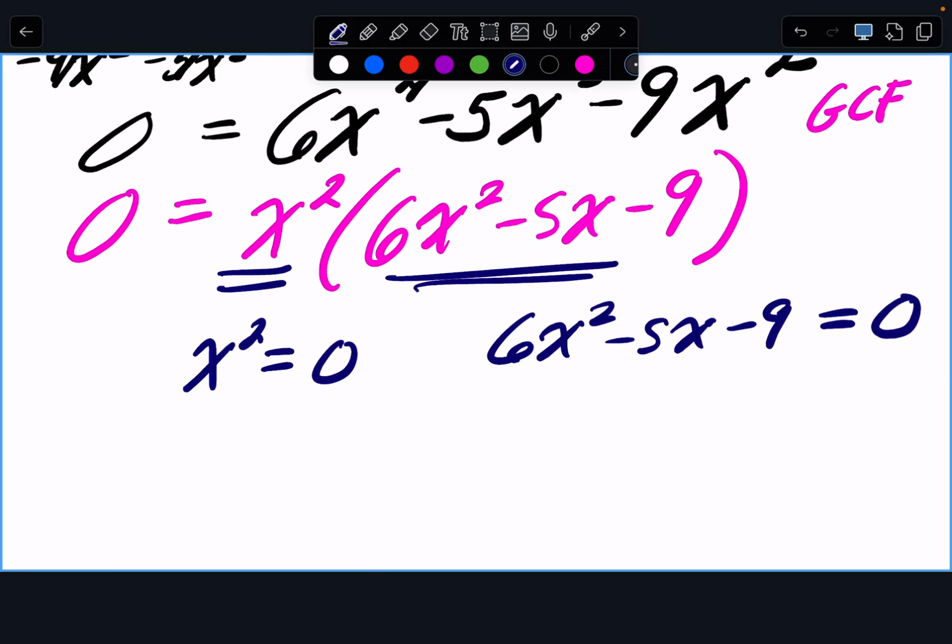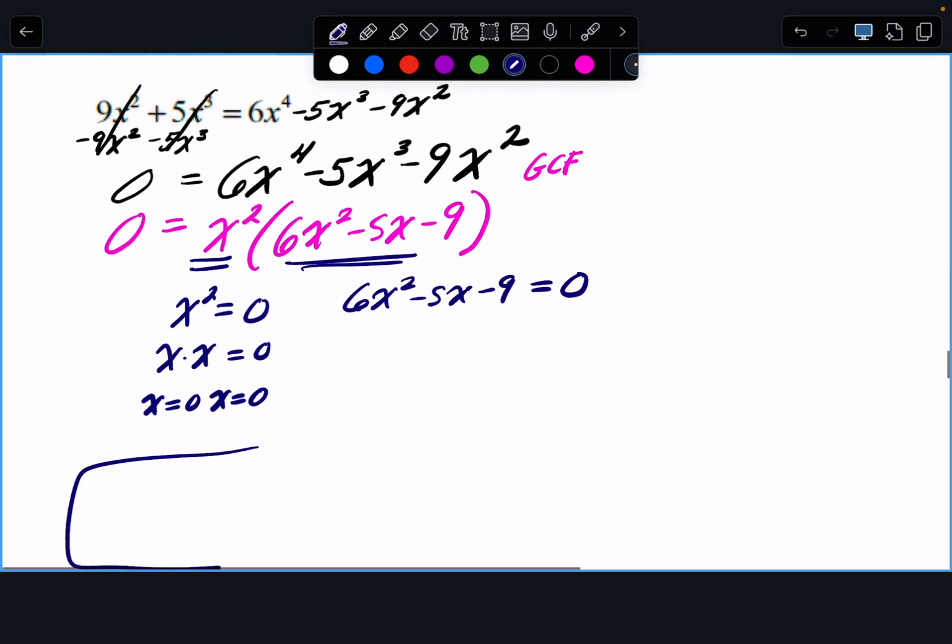We know x squared equals 0 is the same thing as x times x equals 0. So we're getting 0 twice. X equals 0, x equals 0. Right? Okay, so that's 0 with a multiplicity of 2. I'm going to write it how we properly write it in 1050. X equals 0, and it had multiplicity of 2, which makes sense because right there it was squared.